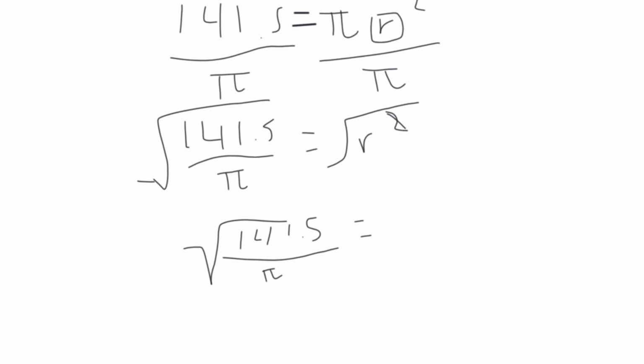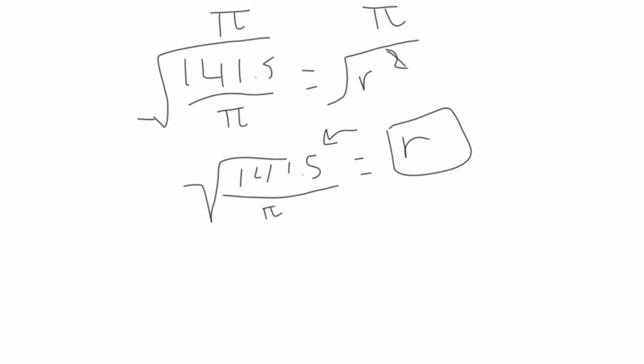Okay, so 141.5 divided by pi, the whole thing square rooted, is equal to r. Now we single out this r and we found the value.